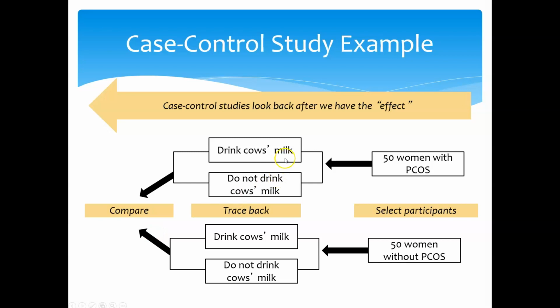So if of these 50 women, 49 drank cow's milk and 1 didn't, and of this group, 10 drank cow's milk and 40 didn't, the statistical analysis will probably be significant that drinking cow's milk has an association with developing the disease. Now it's important to note that there's an association. It still has not established cause and effect.